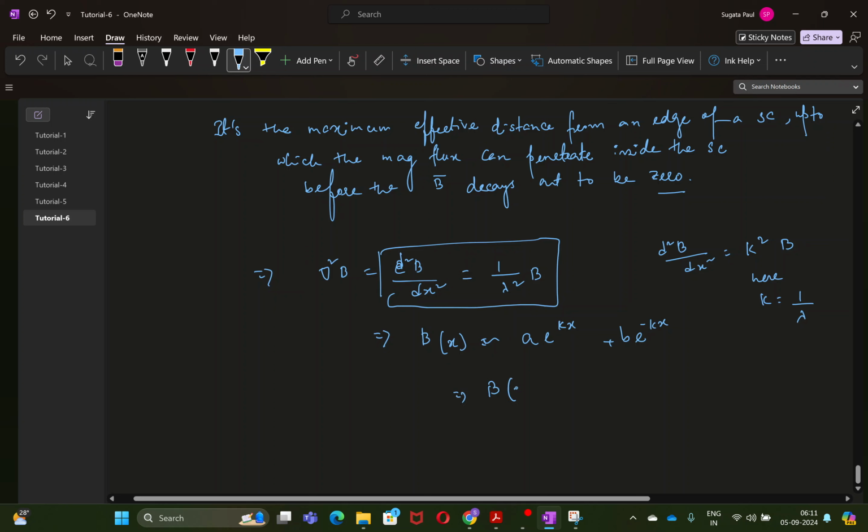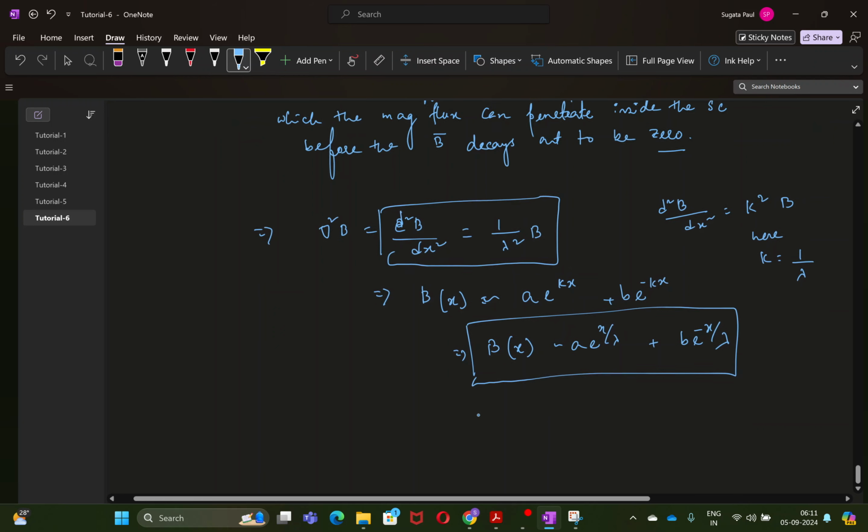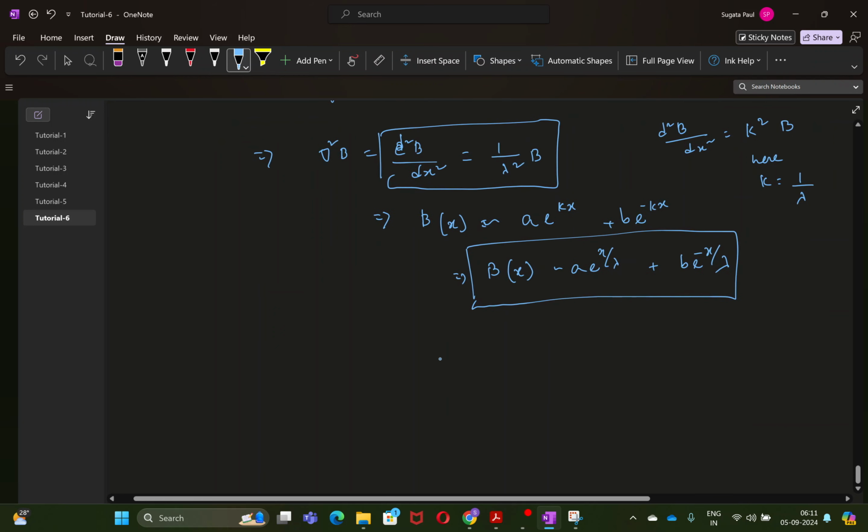That gives us B(x) equal to A e to the power of x by lambda plus B e to the power of minus x by lambda. So this is the general solution of how the magnetic flux will look along the x direction if you follow London's equation.